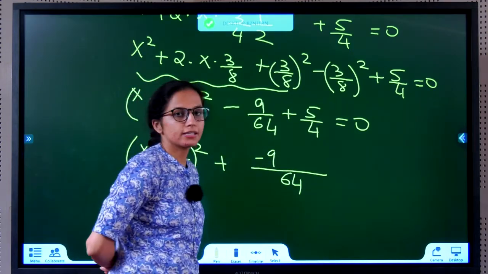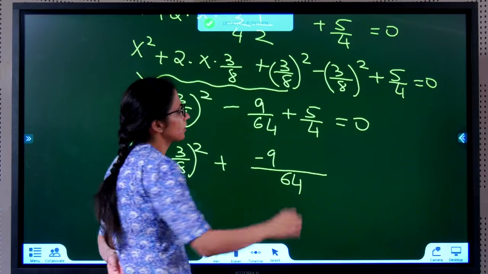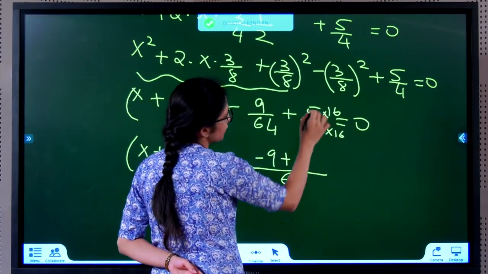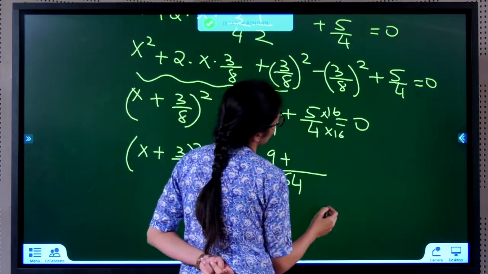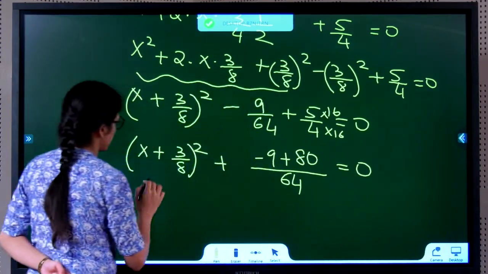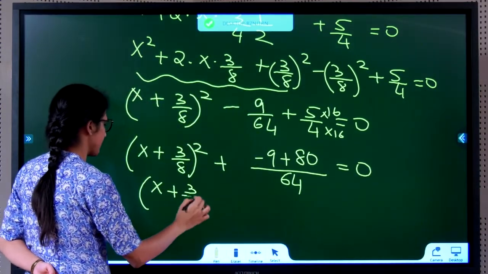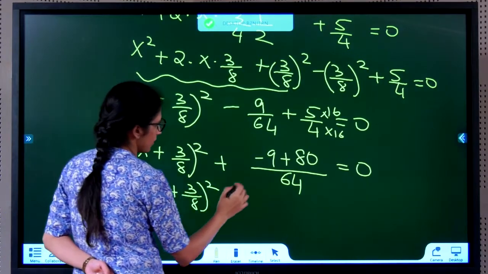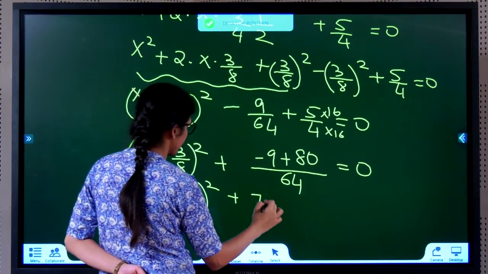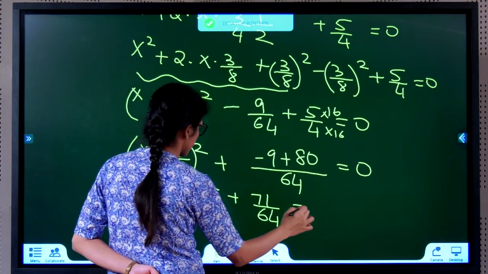So 4 whats are 64? 4 16s are 64. So multiply and divide with 16. So this becomes 5 into 16. What is 5 into 16? 80. So it becomes x plus 3 by 8 the whole square minus 9 plus 80, that is 71 by 64, is equal to 0.